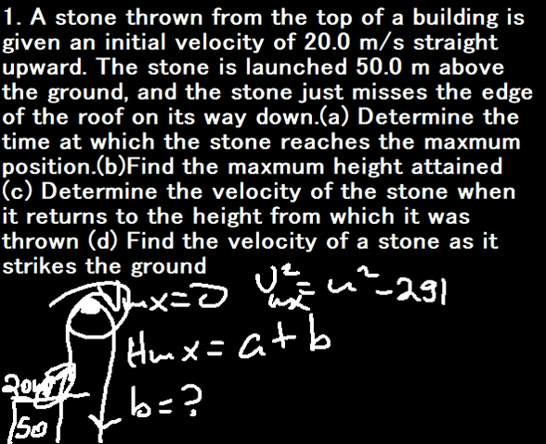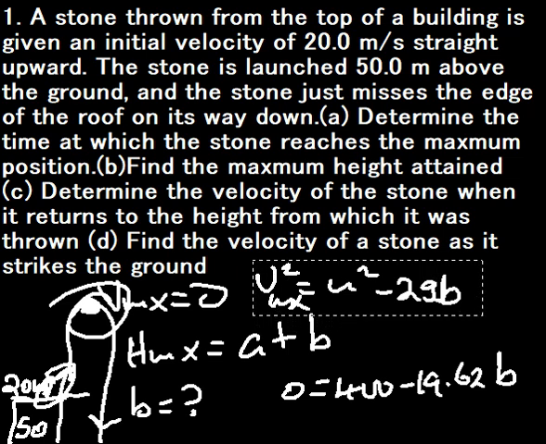Instead of H, we'll have it as B, because we symbolized it as B. So V max being given as zero, is equal to the initial velocity, which is 20, squared, we have 400, minus 2 times acceleration due to gravity, 2 times 9.81, that is 19.62 B. Then I will have to transfer those to the other side.